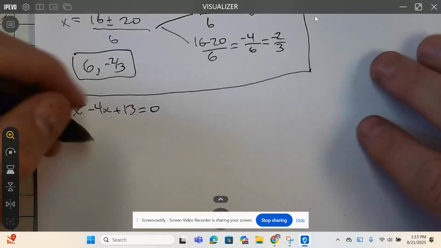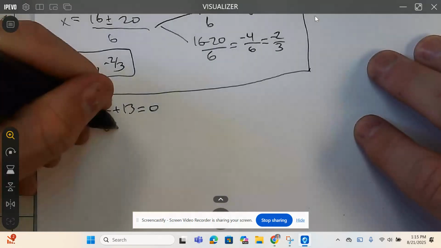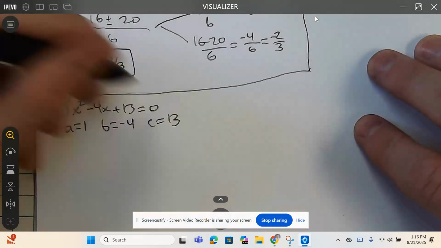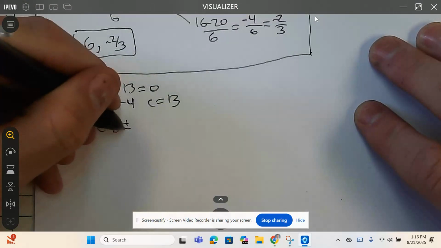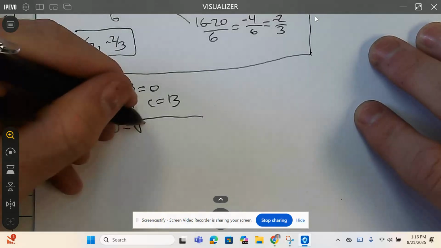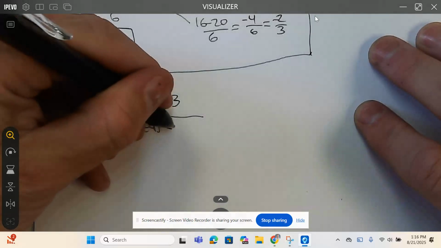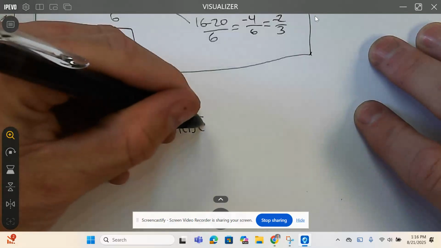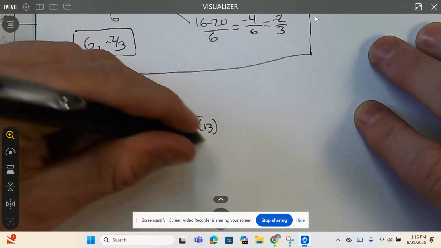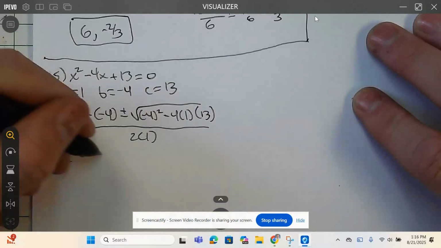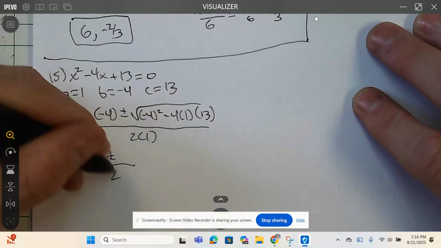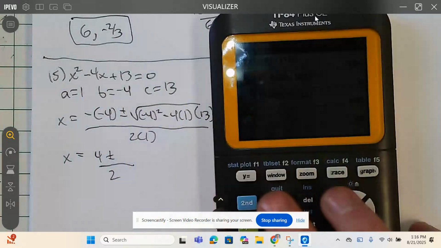I'll post this. Quadratic formula, A equals 1, B equals negative 4, C equals 13. So negative B plus or minus the square root of B squared minus 4AC all over 2A. I'll type what's underneath the square root.